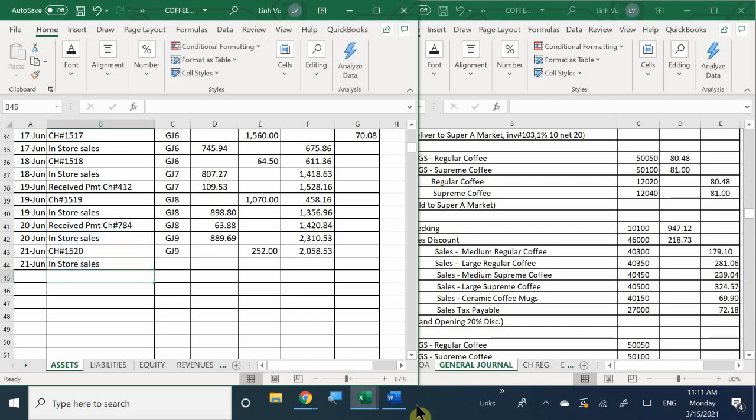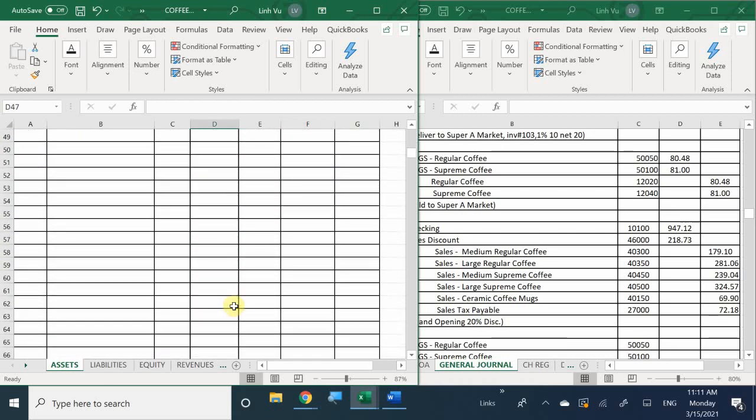In-store sales. General journal number 10. And how much did I receive? 47.12. Alright, so that should bring my account balance to be 3,565. Good. Alright, so we're doing good.